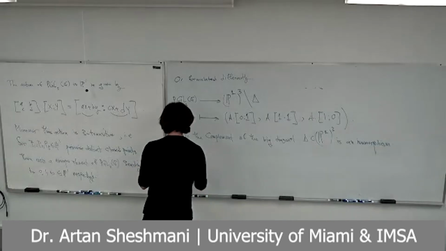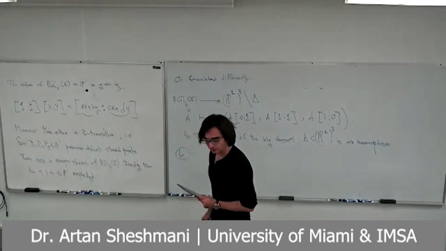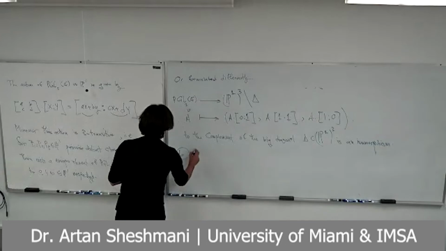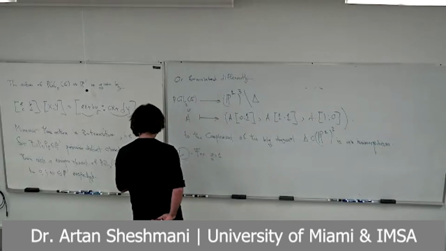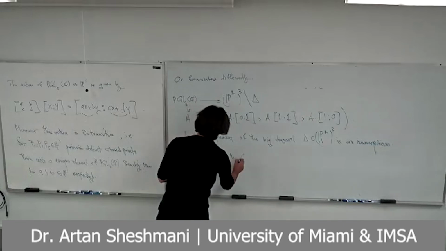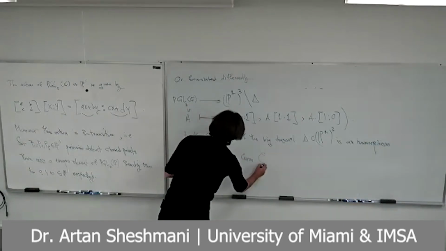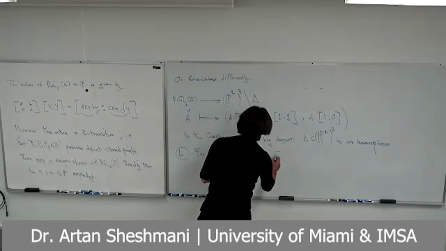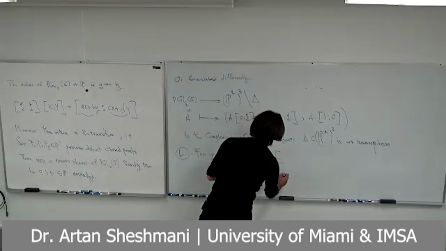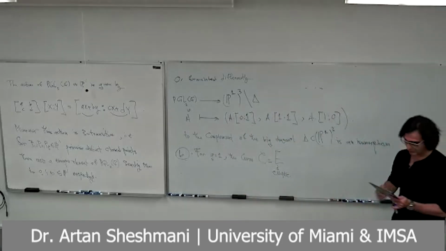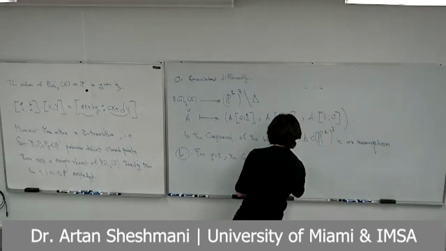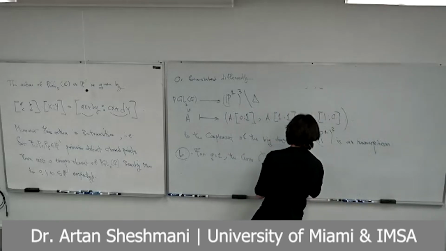Part B is the following. This was for genus 0. For genus 1, for g equal to 1, the curve C, I'm going to call it E, an elliptic curve, has an automorphism group.